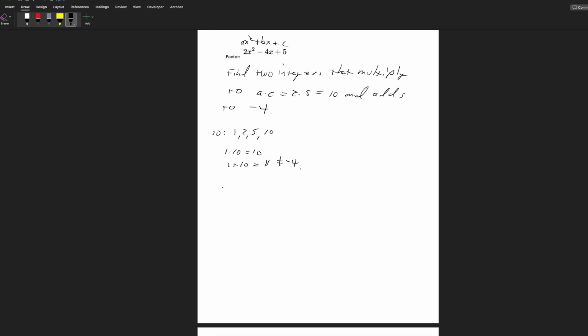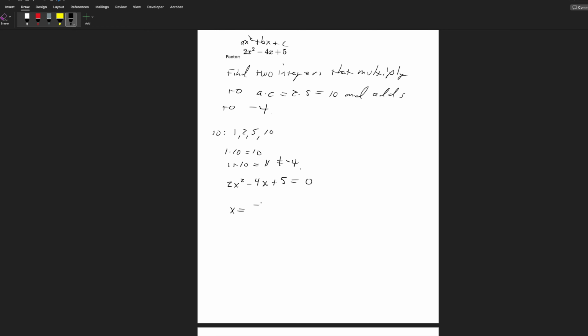So we need an alternate method to factor this because the AC method doesn't work. There's one other method that we could choose, and that's pretty commonly used, and that's to solve this quadratic equation using the quadratic formula.